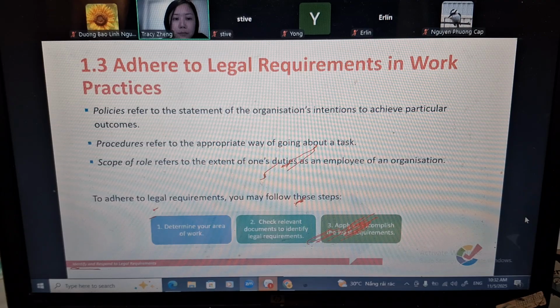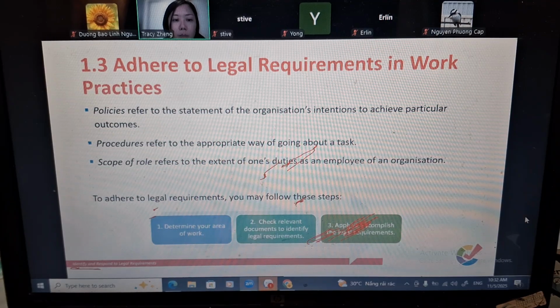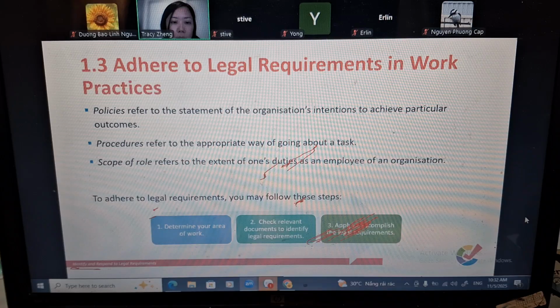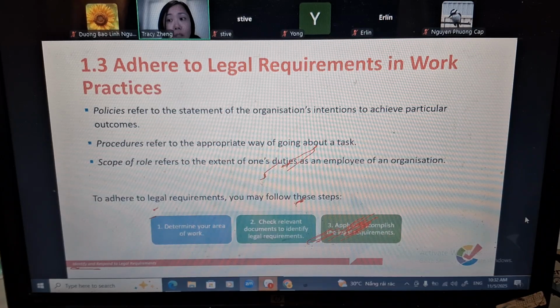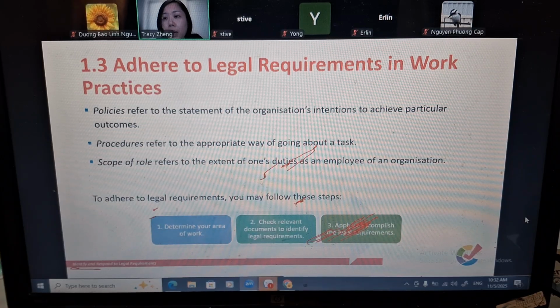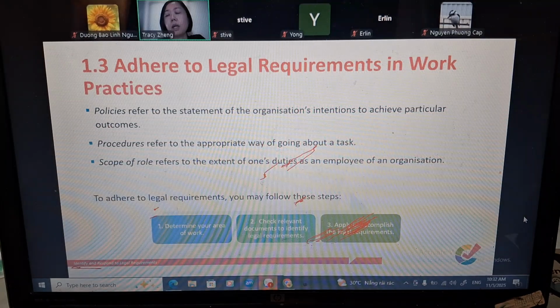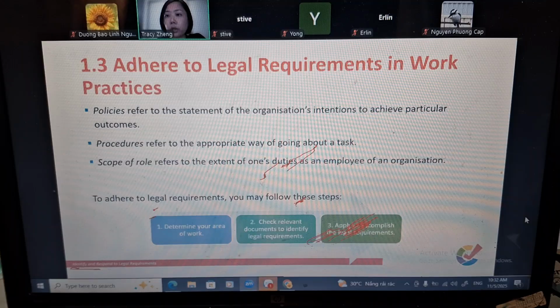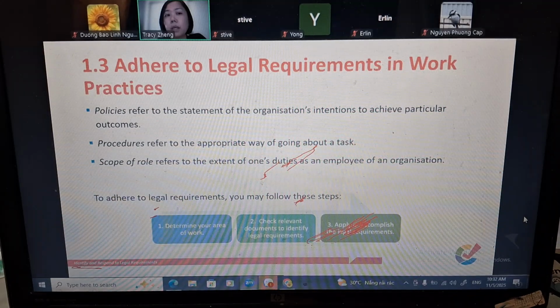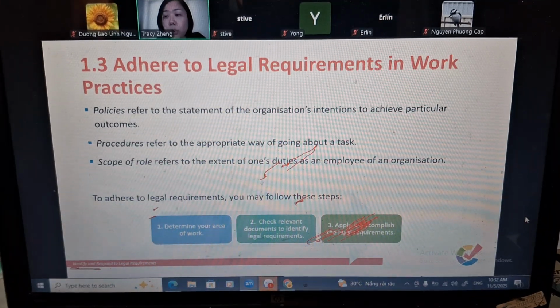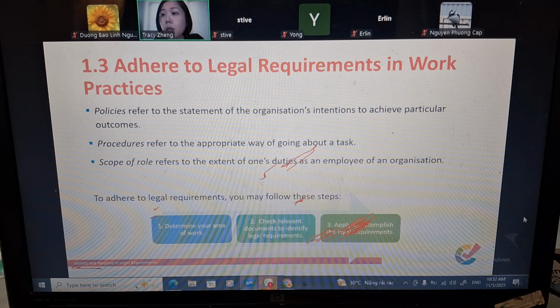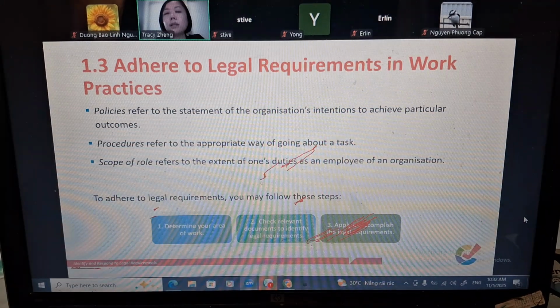Right? And definitely you must check your relevant documents to identify your legal requirements. As we say, some of the legal requirements apply more particularly to certain roles. Like us as registered nurses, our responsibilities and some of the roles are definitely more and heavier than yours.